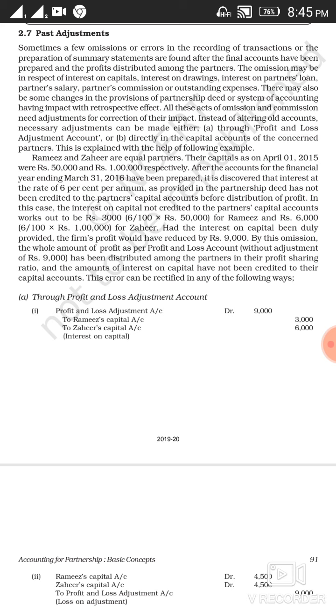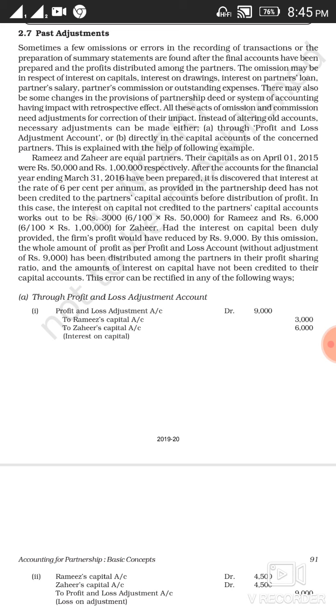Then the total of this is 9,000. If interest on capital had not been given to the partners' capital, then the same amount would have been distributed among them in their profit sharing ratio, because as we know, interest on capital is an expense for the business.